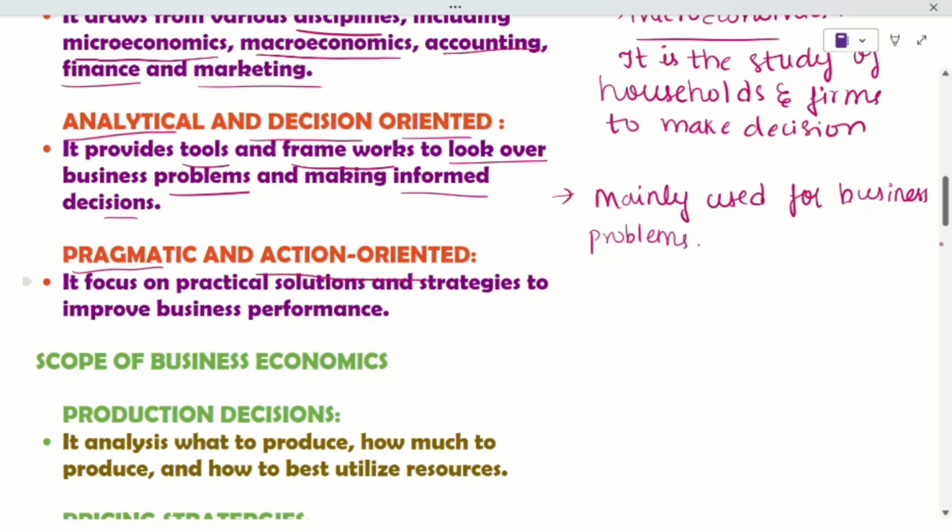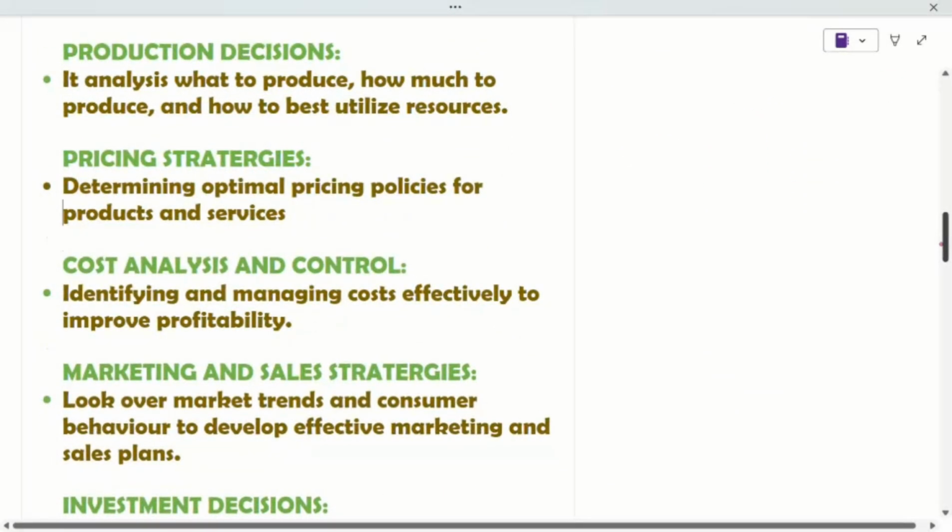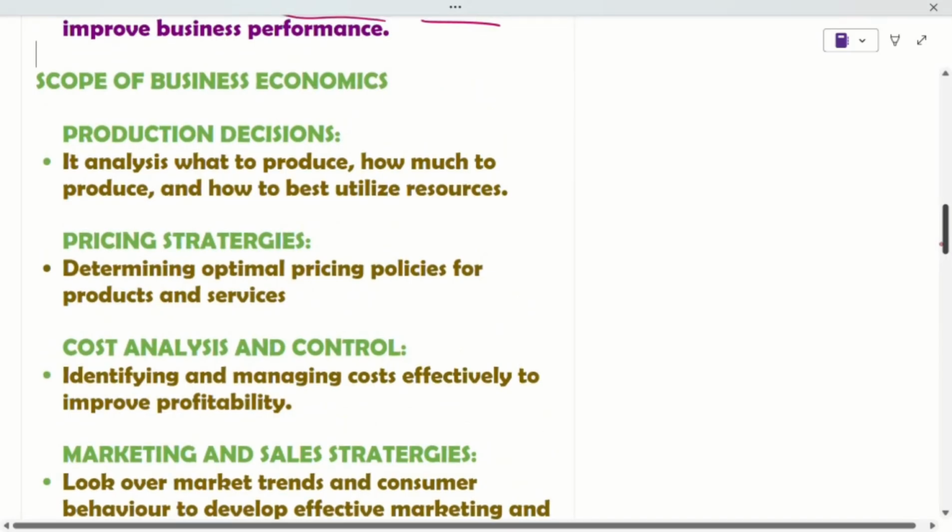This pragmatic and action oriented approach is about practical effectiveness and direct engagement to achieve the goals, and it emphasizes using tools to solve the problems. Next thing is scope of business economics.